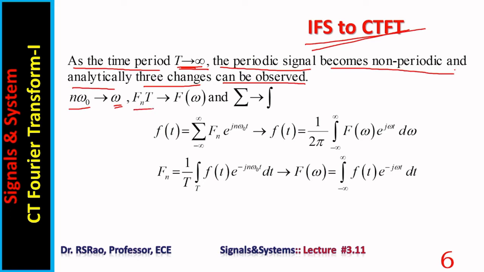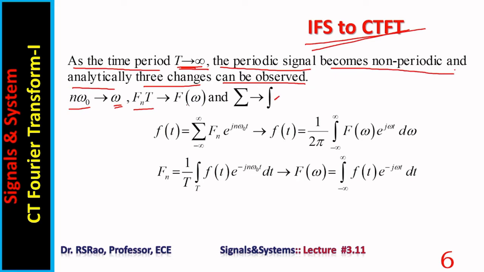F_n T, where F_n is the exponential Fourier series coefficient and T is the time period, the product of these two becomes F of omega. And sigma, which is a symbol for addition, becomes integration.